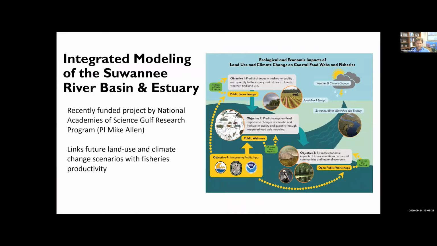One of the nice things about these models is that they can take on another life, and they can be used in other projects. And we were fortunate enough to have this project recently funded. Mike Allen is the lead PI, but this is funded by the National Academies of Sciences Gulf Research Program.